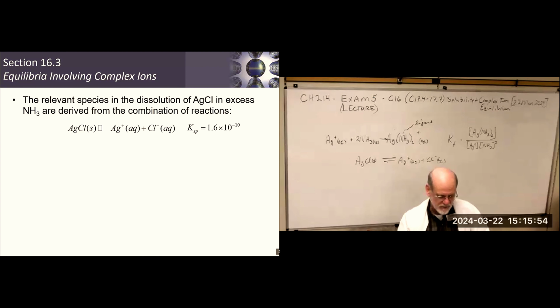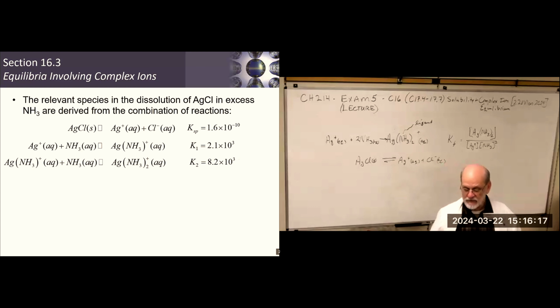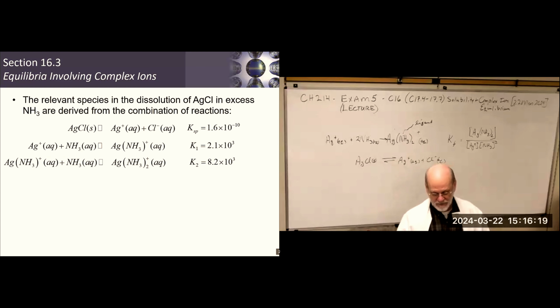So there's the solubility product for that reaction. And then this is the first addition of ammonia to the silver, and its K value is 10 to the third, so it's way to the right. It forms a complex ion with only one ammonia. But as soon as that one forms, we tack on another ammonia with an even greater K value.